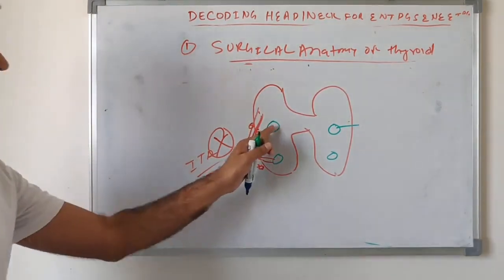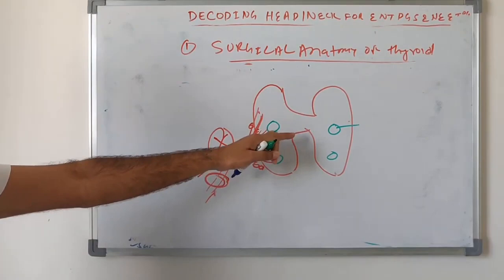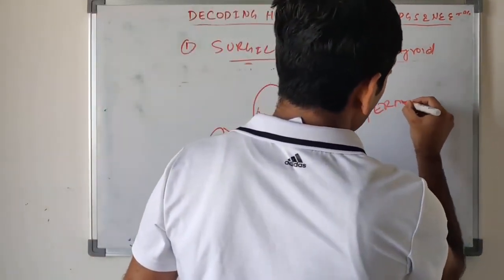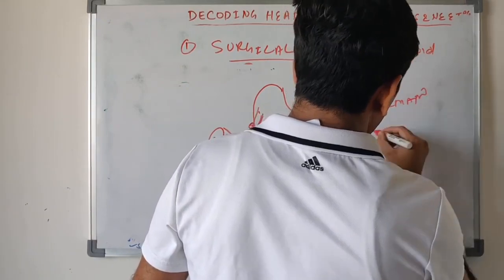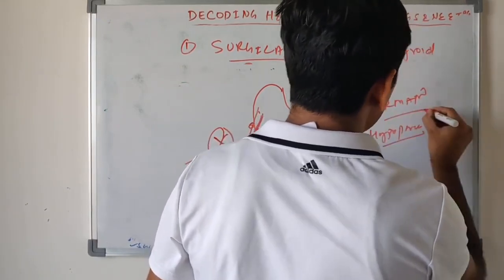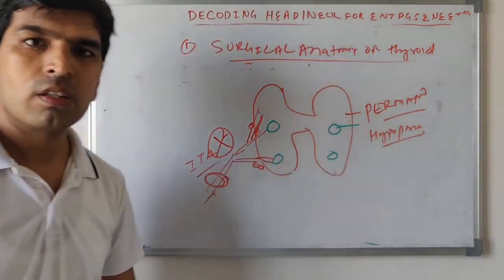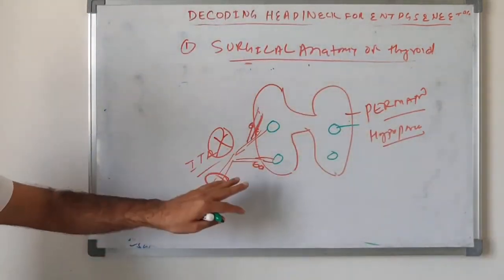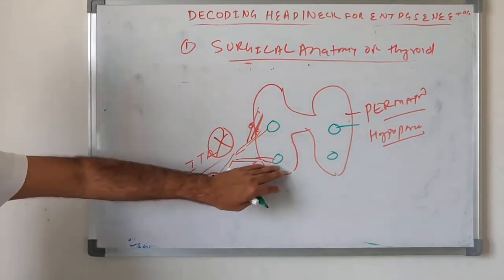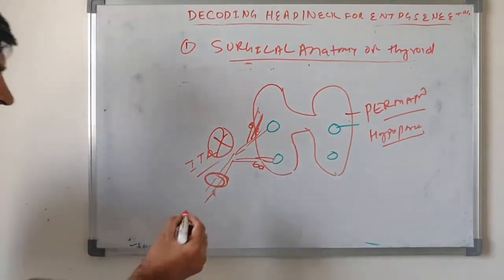We have to avoid injury to these vessels, otherwise you will lead to permanent hypoparathyroidism. It's more dangerous than doing the thyroidectomy. So there is no recommendation to ligate away from the pole to avoid injury to the recurrent laryngeal nerve.